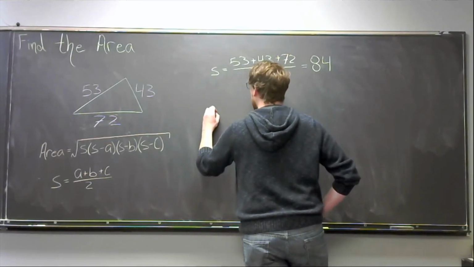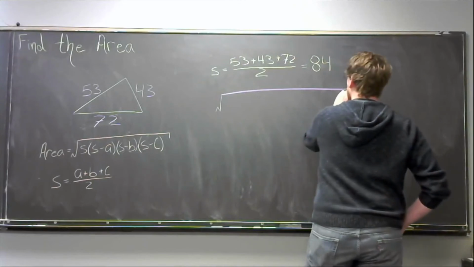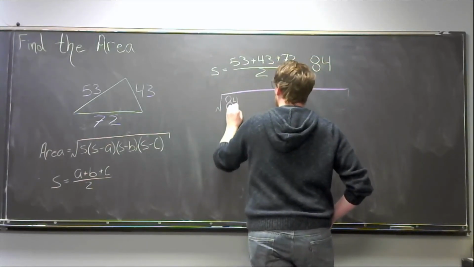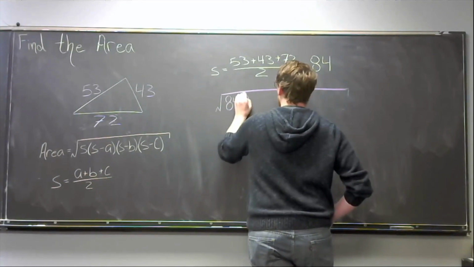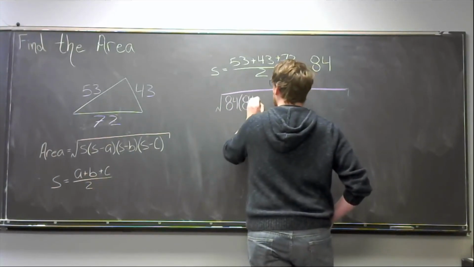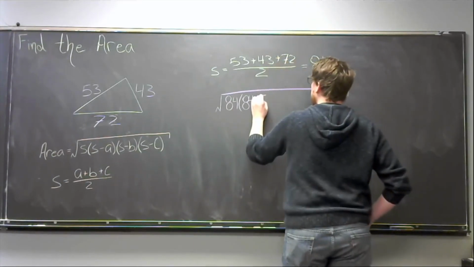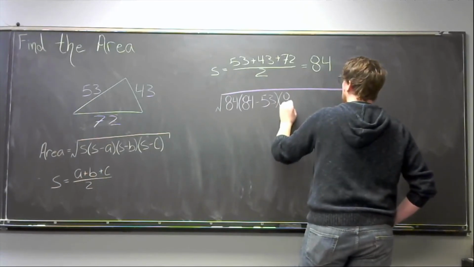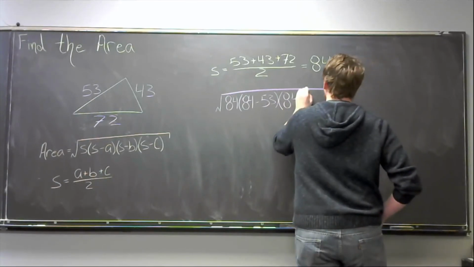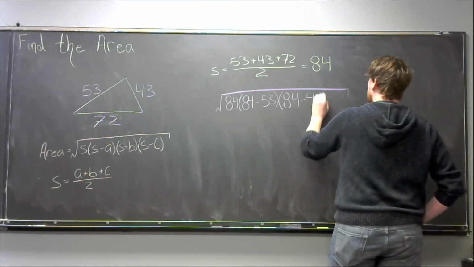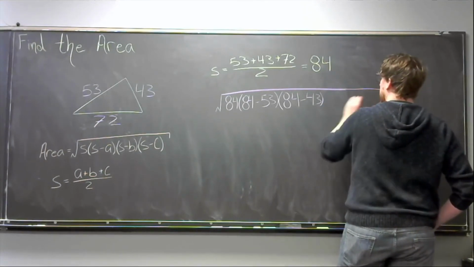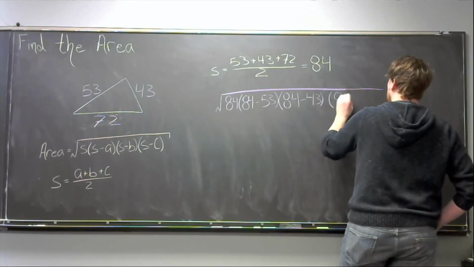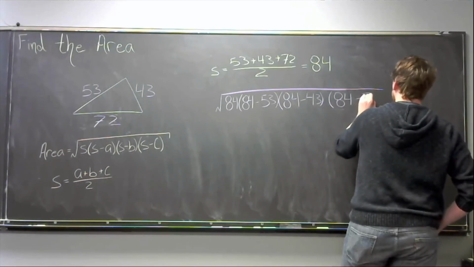This is equal to the square root of 84 times 84 minus 53, 84 minus 43, and 84 minus 72.